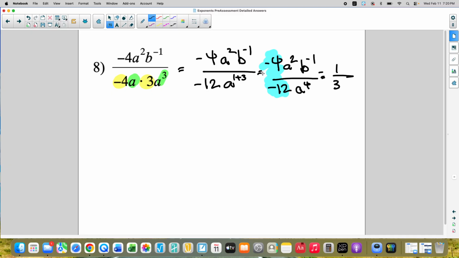Two negatives make a positive. Then we have a squared minus 4, and then we have b to the -1. So this one doesn't go anywhere. You've got a to the 2 minus 4, which is -2, b to the -1 over 3.